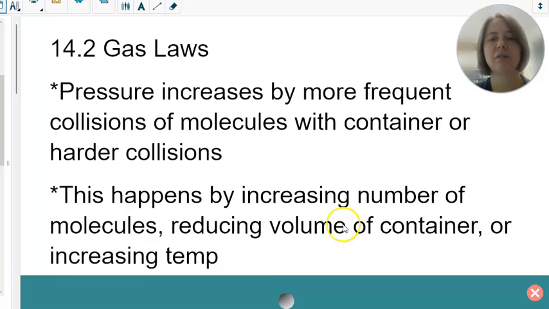And why does that happen? You either increase the number of molecules so that there's just more collisions. You reduce the size of the container so that there is more collisions per area of the wall of the container, or you increase the temperature so that the collisions have more kinetic energy, they have a higher force.